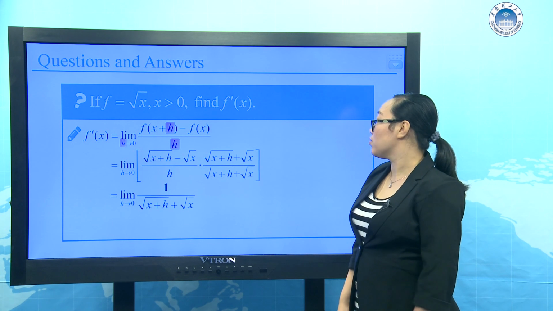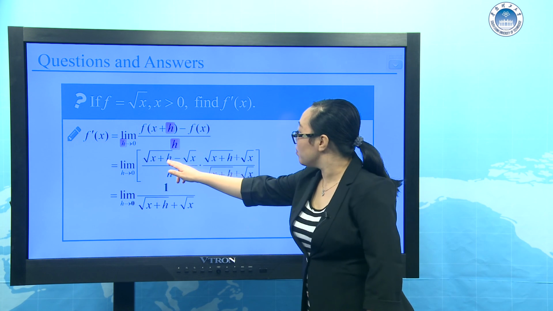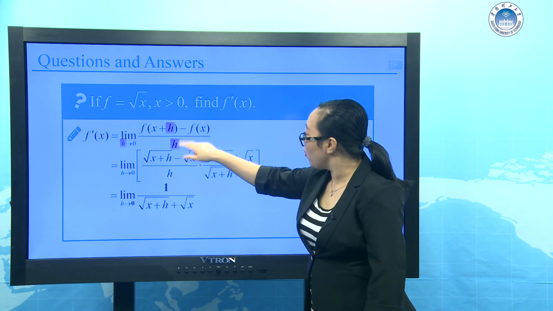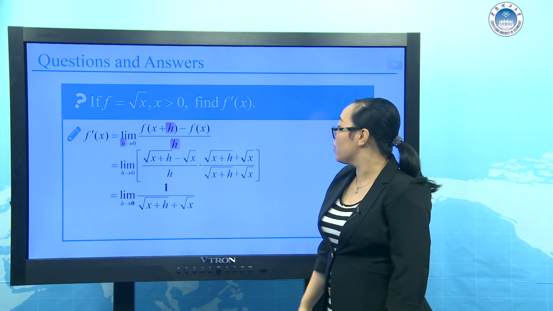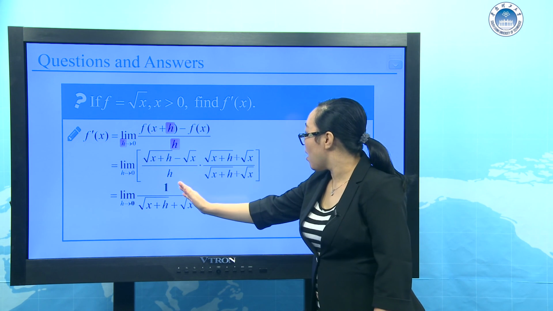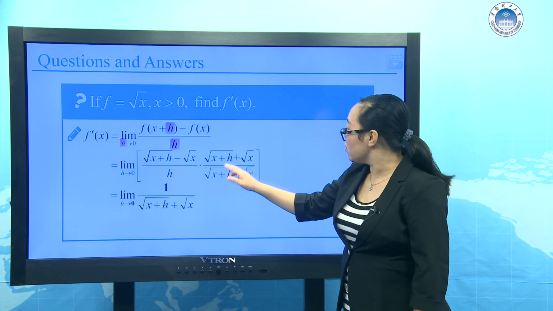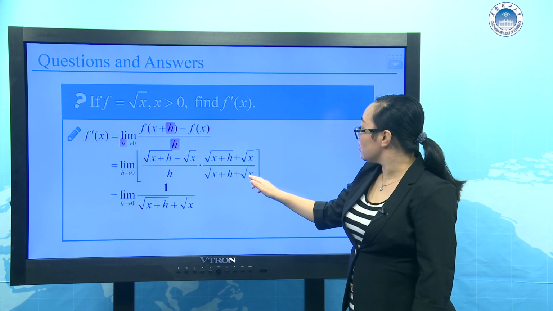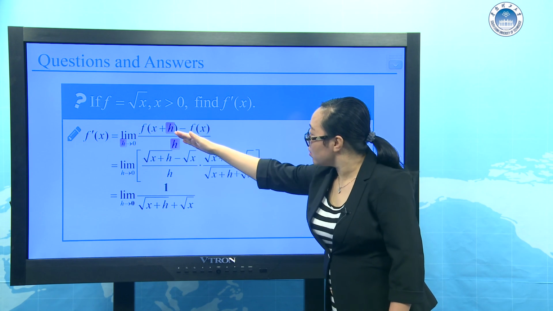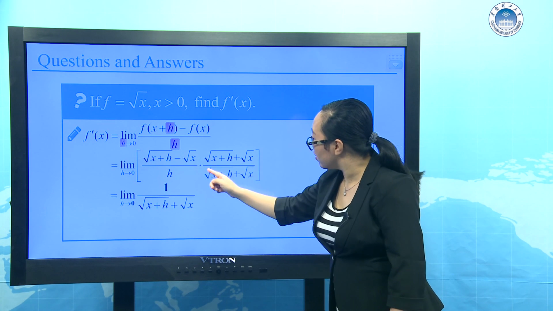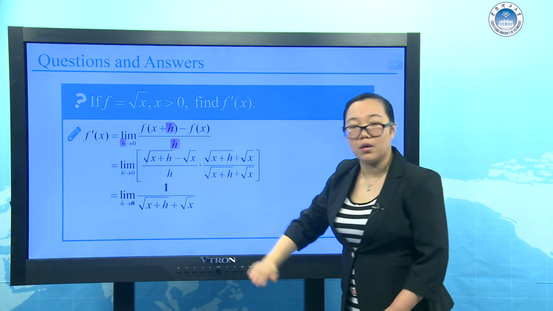Limit h tends to 0. (square root of (x plus h)) squared minus x together equals h, okay? And this term, square root of (x plus h) plus square root x, equals this term. h is deleted together, only this term is left, so it equals this expression.